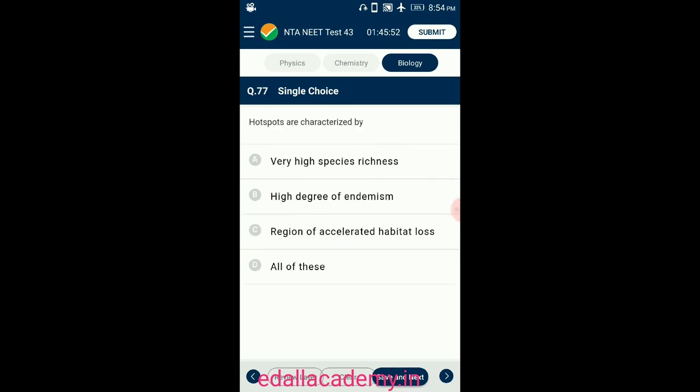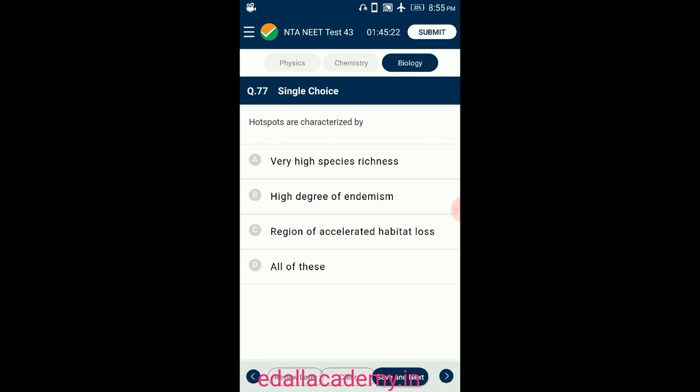Question number 77. Hotspots are characterized by. The concept of hotspots was given by Norman Myers. They were identified for maximum protection for certain regions with very high levels of species richness and high degree of endemism. Initially, 25 biodiversity hotspots were identified, but subsequently 9 more were added.